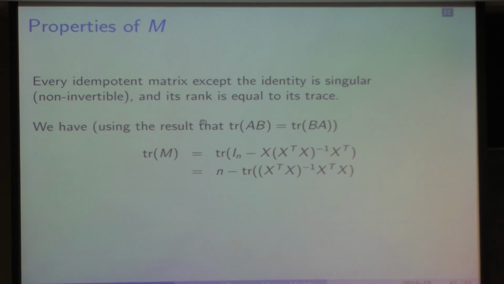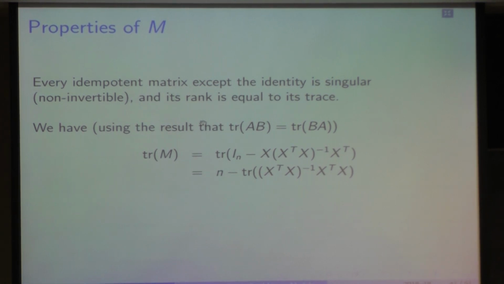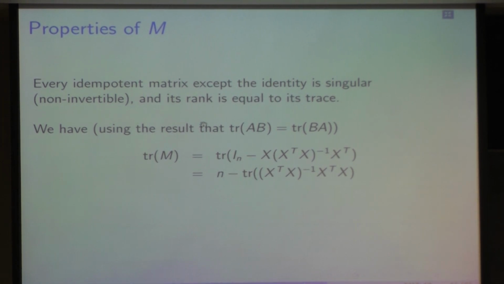The trace of a matrix product AB is the same as the trace of the matrix product BA. So that means that we can reorder the terms in that second bit, that complicated bit involving the x's. So we can write it instead as the trace of x transpose x to the minus 1 times x transpose times x. So that's just a reordering of the three matrices that we're multiplying together in that bit on the end.